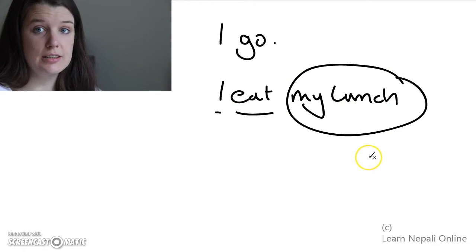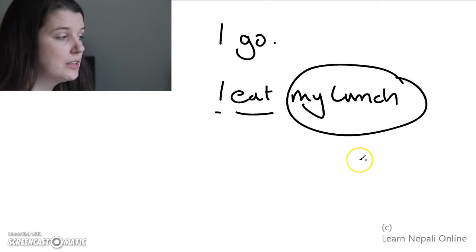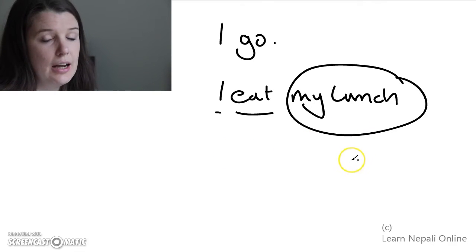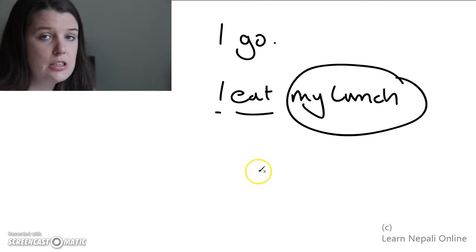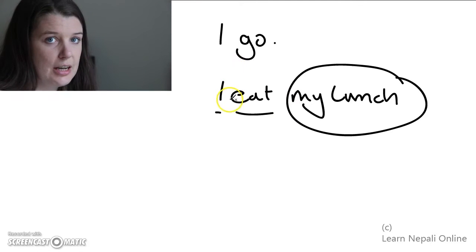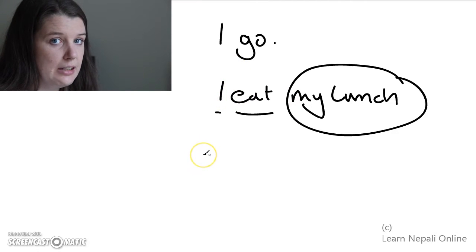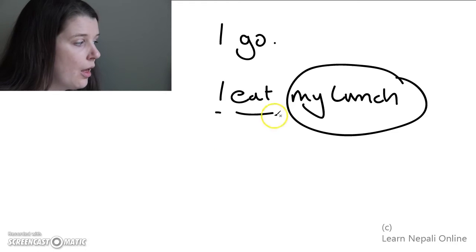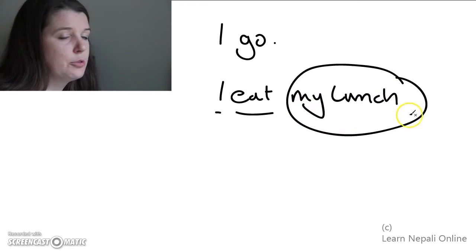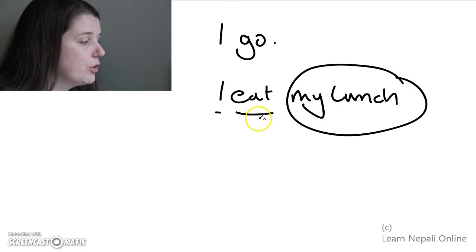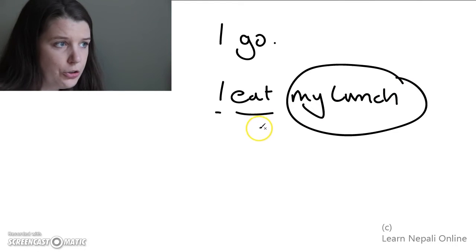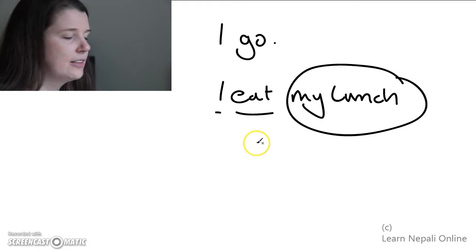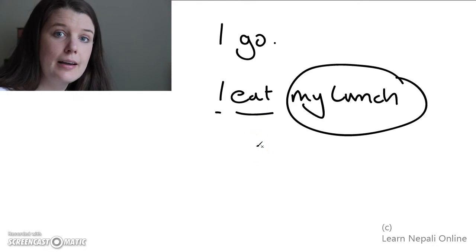And how do you recognize something being a direct object? This is something that you can ask for with what or who, additionally to the subject. For the subject you always ask with what or who, but then for the direct object you can ask as well. So you would ask I eat what, or you eat what, and then the answer would be I eat my lunch.